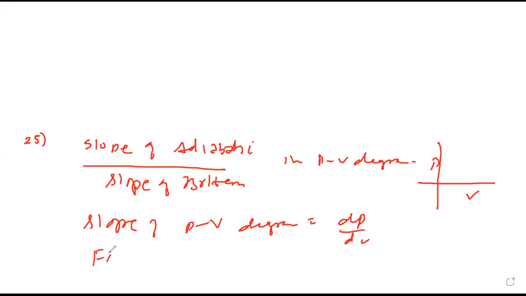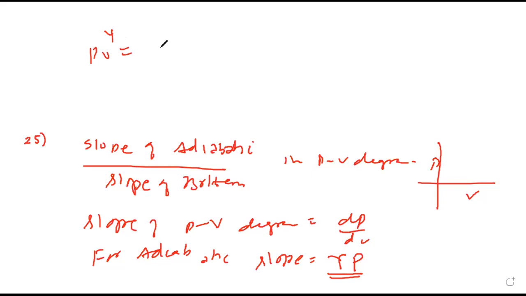Hello? For adiabatic, are you able to remember that slope is nothing but gamma into P? Because PV raised to gamma is constant, so dP upon dV will become gamma P, which is called bulk modulus. Do you know that slope is gamma times P?